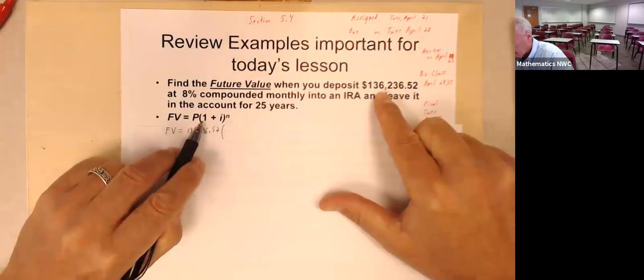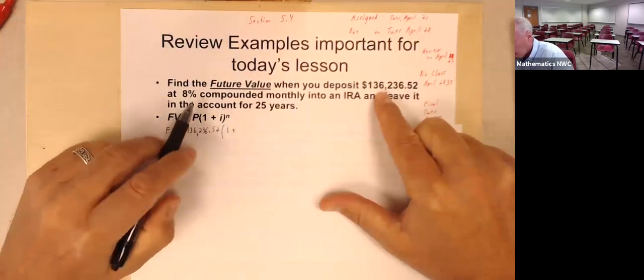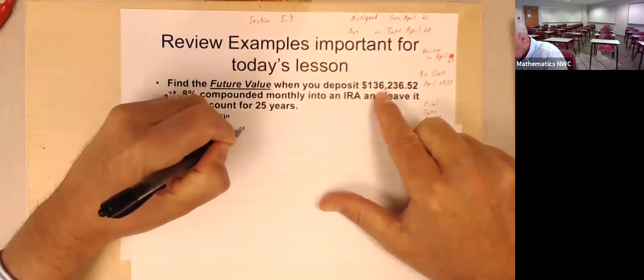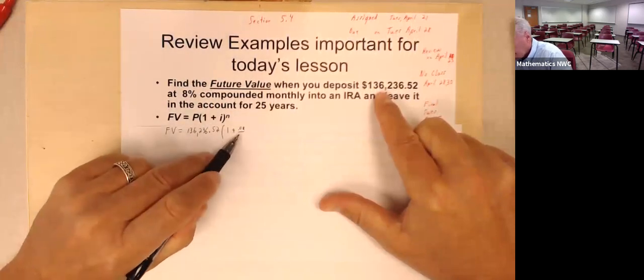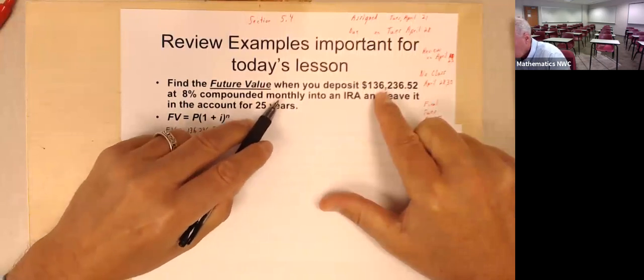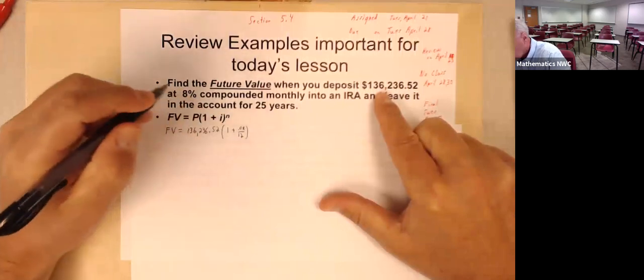We're taking that times 1 plus I. I, you recall, is the interest rate, which is 0.08, divided by the number of times it's compounded per year, which would be monthly, means 12 times a year.